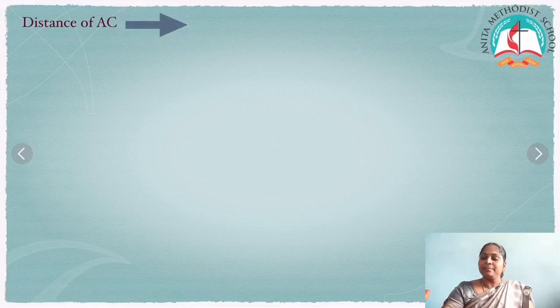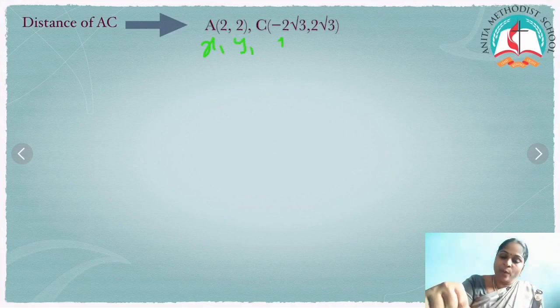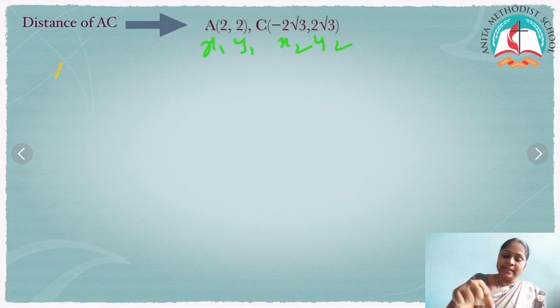So next, we are going to find the distance of AC. Here, A is 2, 2 and C is minus 2 root 3 and 2 root 3. So this is x1 and y1 and this is x2 and y2. So now we are going to find the distance of AC.